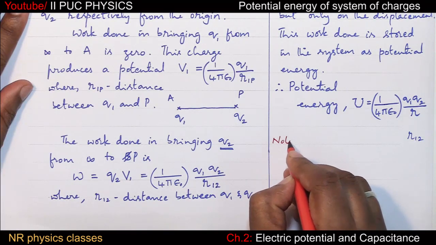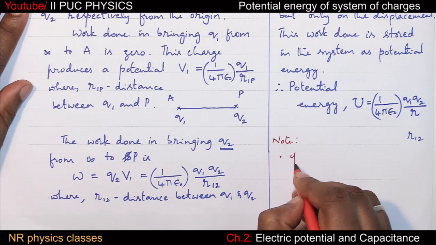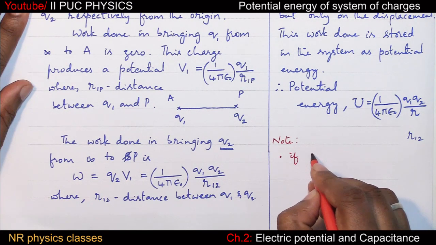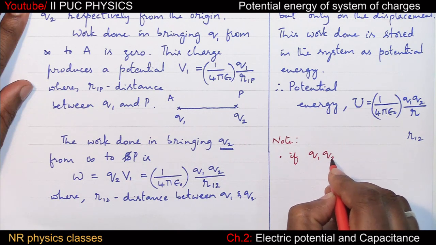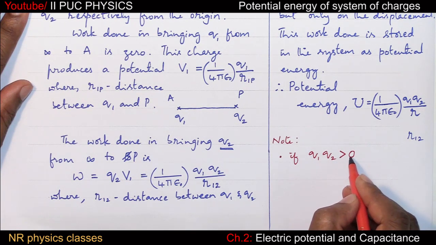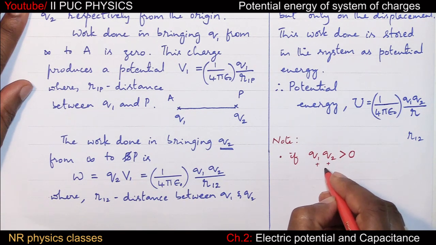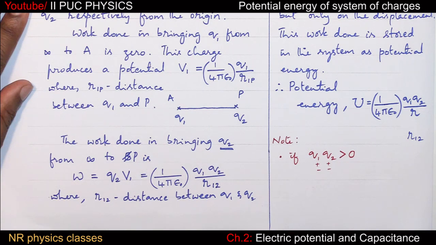Note: if Q1 into Q2 is greater than 0, it means like charges, either plus plus or minus minus.